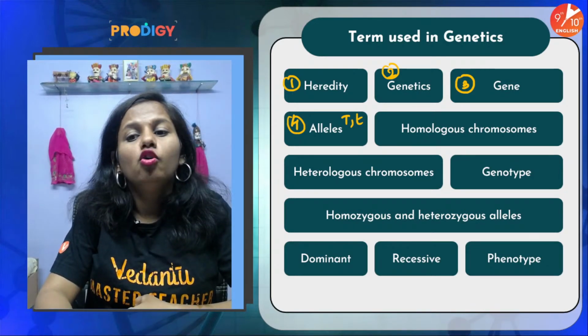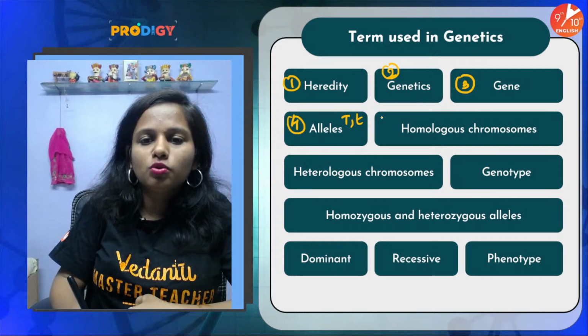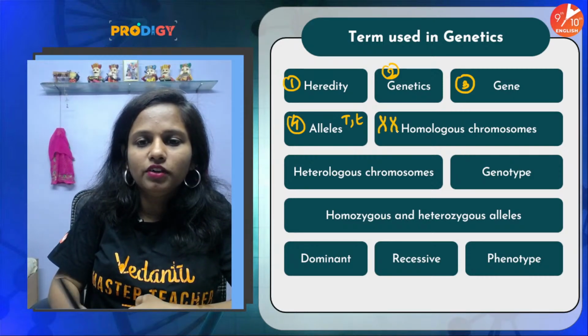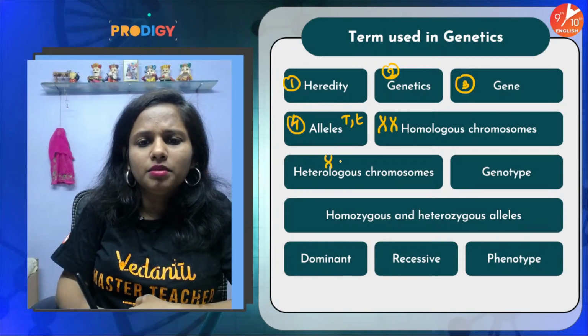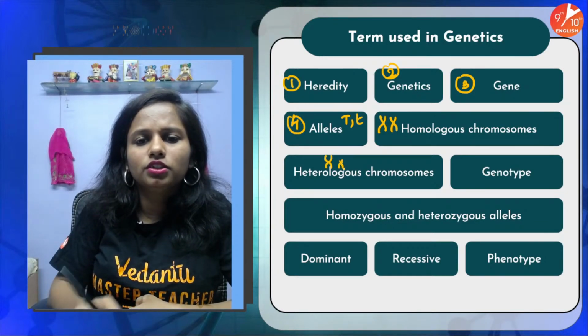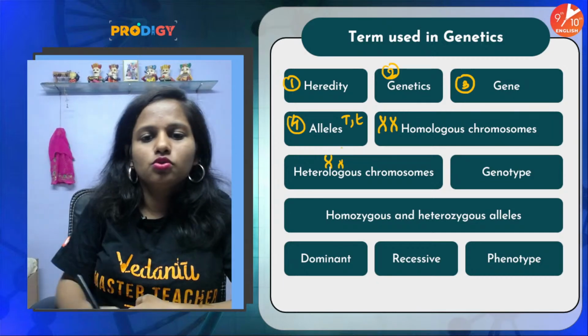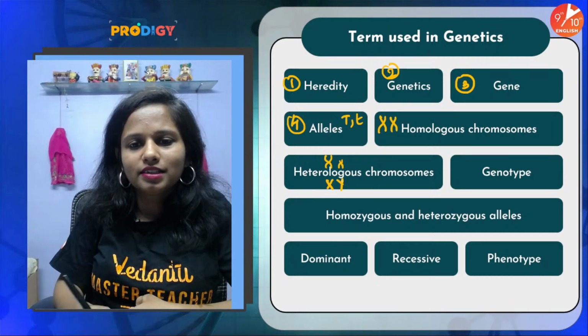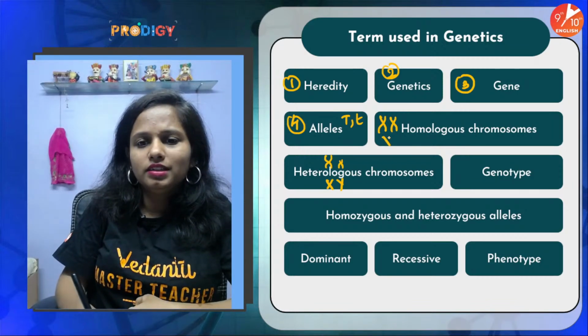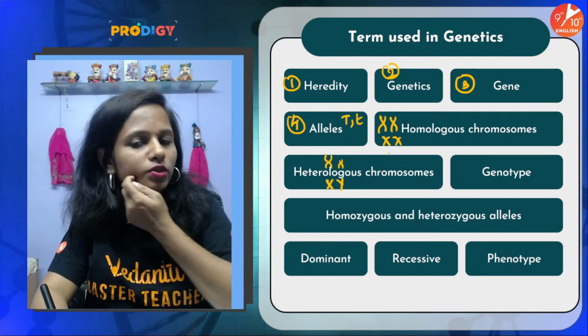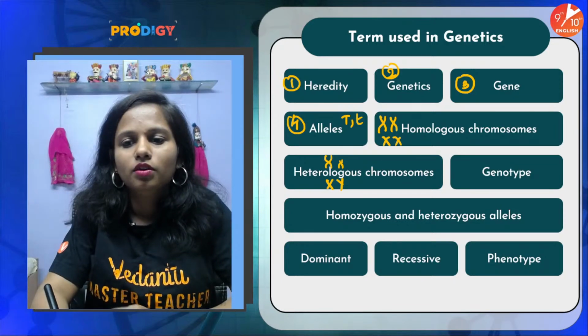Okay. Homologous chromosomes: chromosomes which are similar in shape, size, structure and function. Chromosomes which are dissimilar in shape, size, structure and function are heterologous. So the sex chromosomes, that is X and Y, are a classic example of heterologous chromosomes. And the XX chromosomes are the homologous pair of chromosomes in females. Okay.